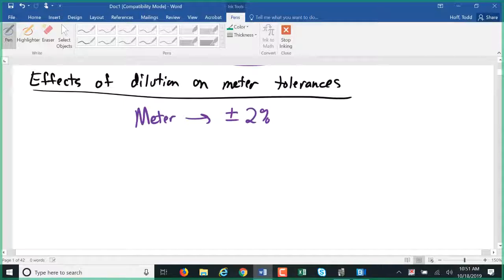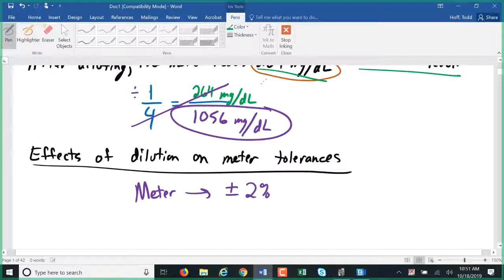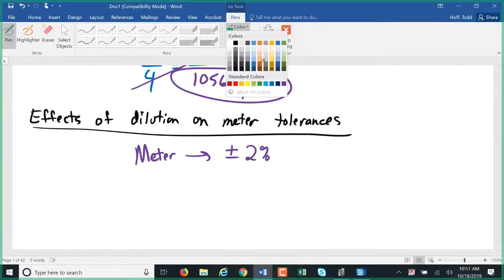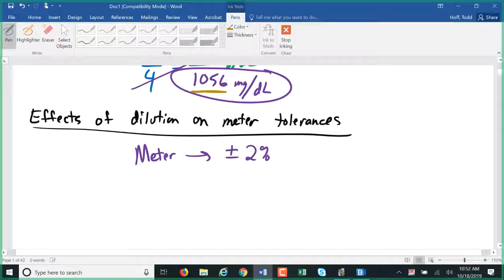What that means is plus or minus 2% of an actual level. The actual level on this last reading was 1,056 milligrams per deciliter.